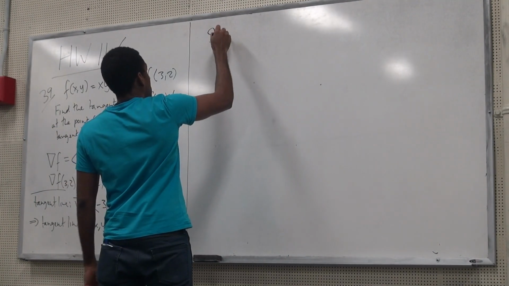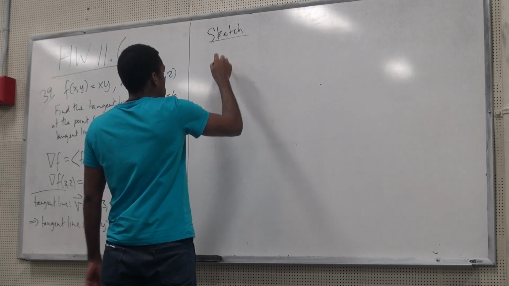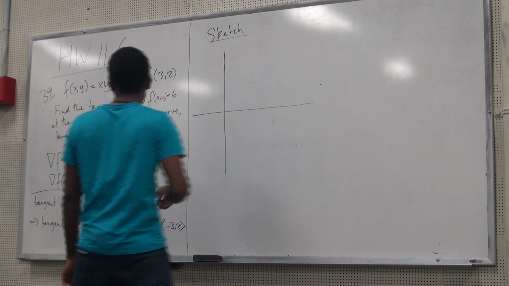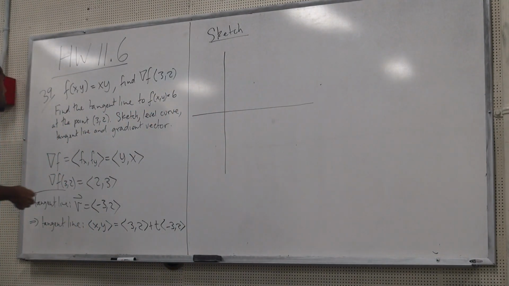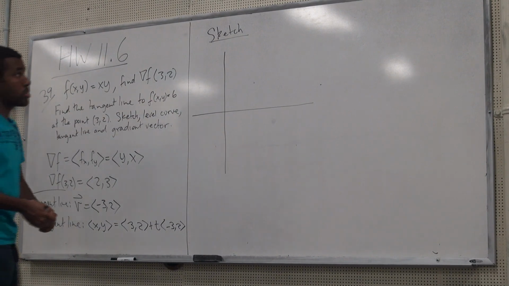So let's look at the sketch. I'll just do the sketch in the XY plane. What does it look like in the XY plane? We want the level curve f of x, y equals 6.